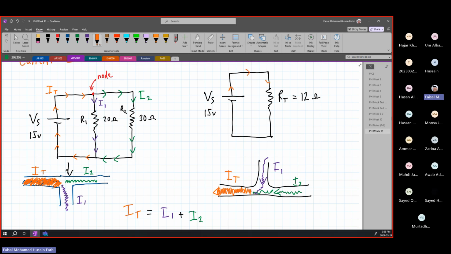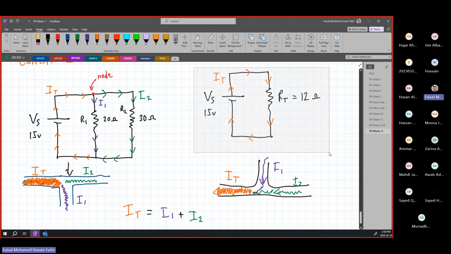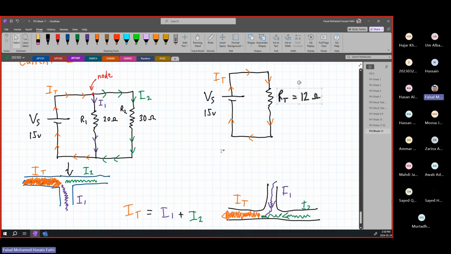But now we only have one resistor because it's just a single resistance. It's a basic circuit. So this is still our same I total. And now we have the value for R total and we have the value for VS. We can find the value of I total over here from this circuit. This is the whole idea of reducing two parallel resistors. So that you can find the total current easily, using what?